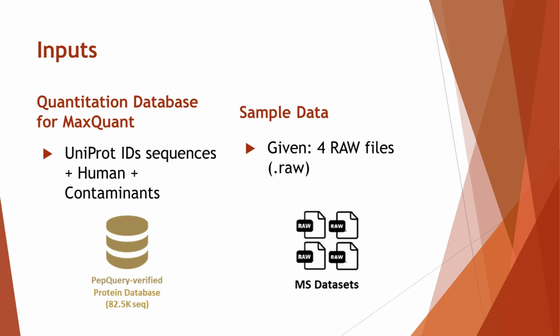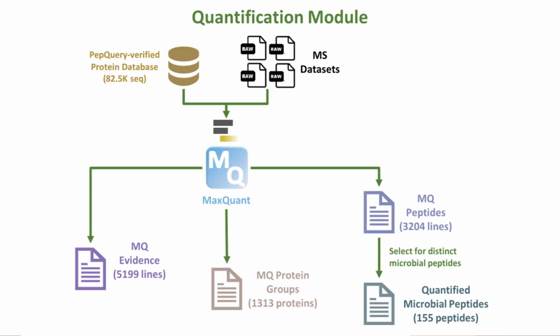If you remember, MaxQuant can process raw data. As I previously mentioned, this module is the shortest one in the tutorial. In summary, we will take the verified database and sample datasets and put them into MaxQuant to quantify verified peptides and proteins. Then we will select for distinct microbial peptides.